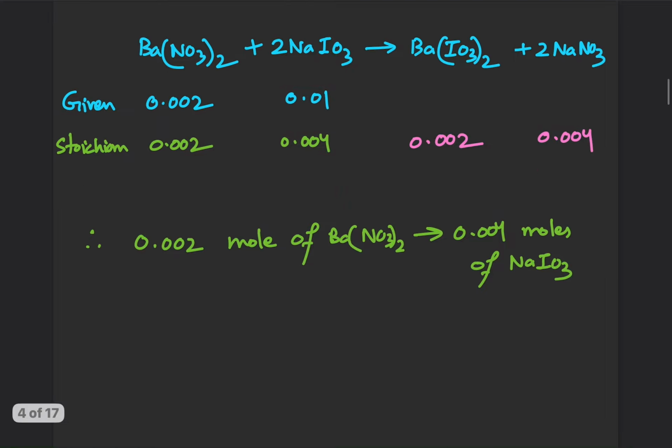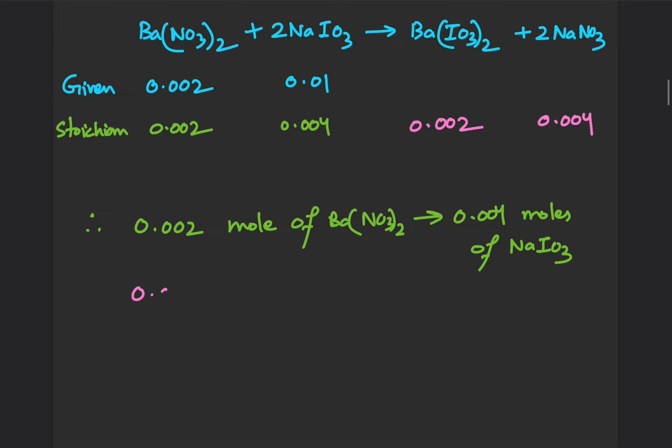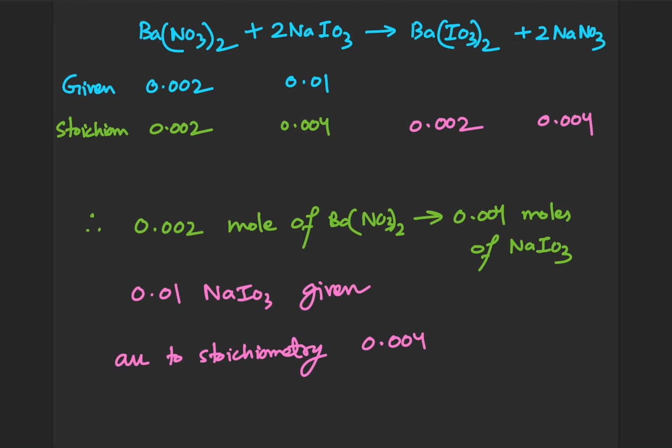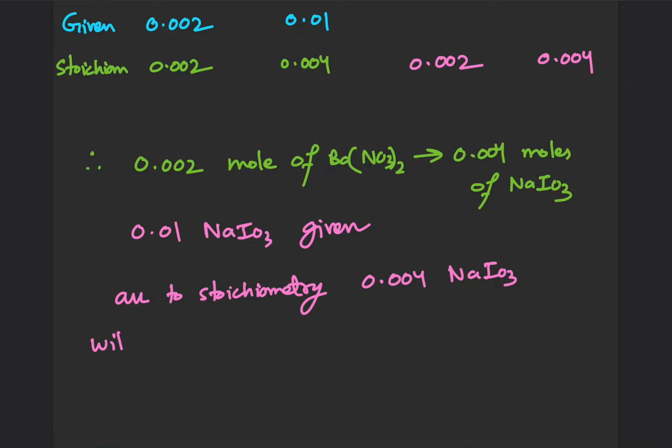Okay, so I will write down: 0.01 NaIO3 is given. According to stoichiometry, 0.004 NaIO3 will be consumed.